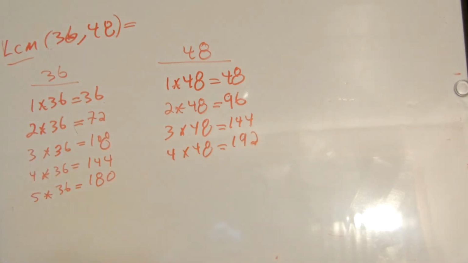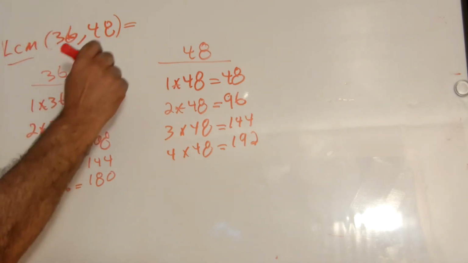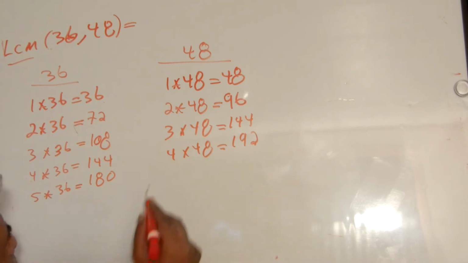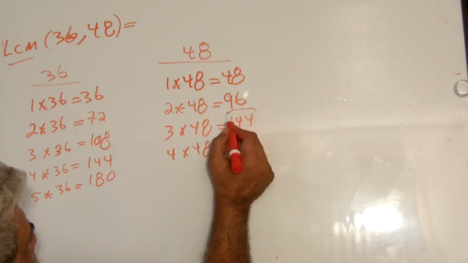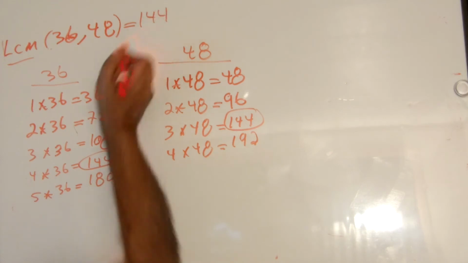You check these numbers, from the top you go down, and you see the least common multiple of these two numbers here is 144. So it's 144.